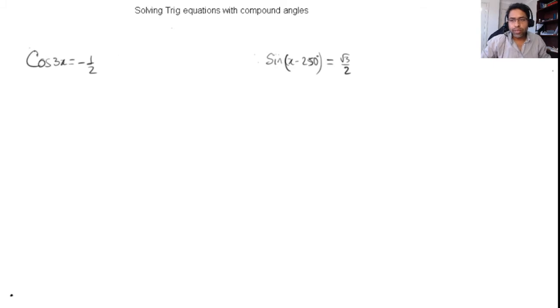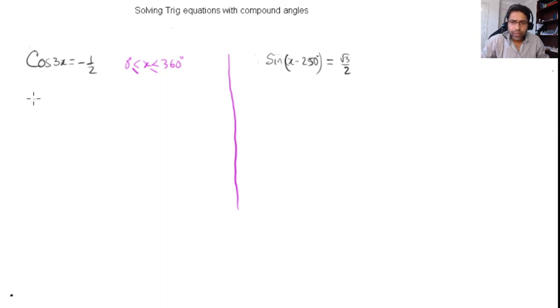So for the first one, our x is going to be restricted from 0 degrees to 360 degrees. When we are solving the first one, let's say we have cos 3x equal to minus half.